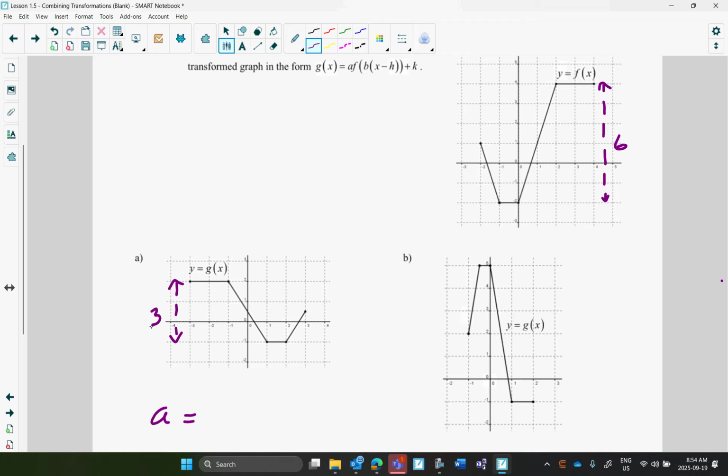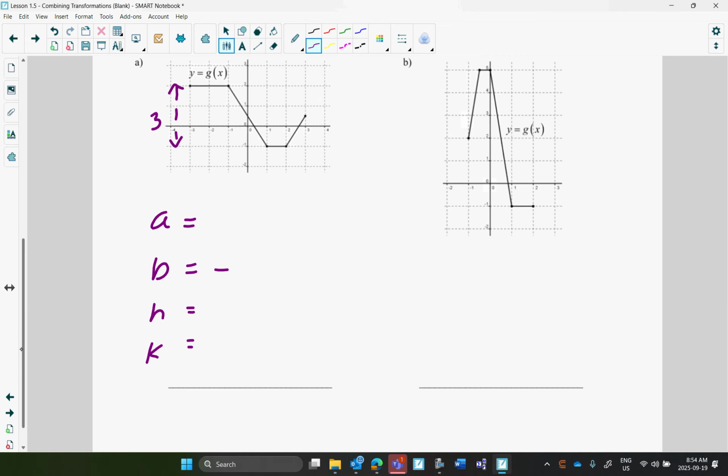Which means it's stretched. Remember, what do I multiply to get from 6 to 3? A half. And remember, vertical doesn't flip. So A is a half. And I've taken care of 4 of the transformations now. Okay?